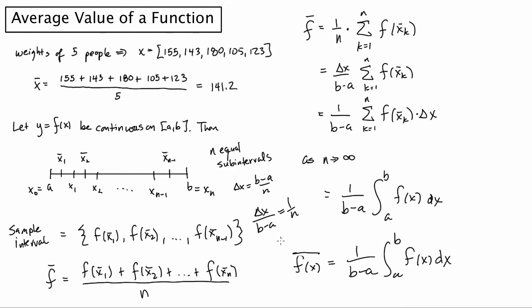This is really no different than how you would calculate averages for anything else. It's just that we're using the power of calculus and the idea of taking smaller and smaller subintervals to create a formula that's really nice to look at and use. We've got 1 over b minus a times the integral from a to b of f of x dx.